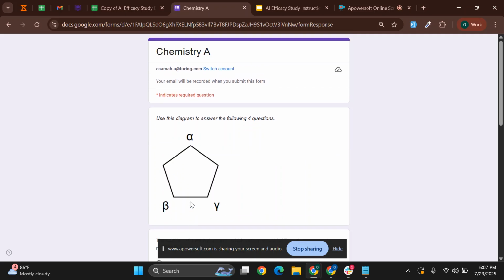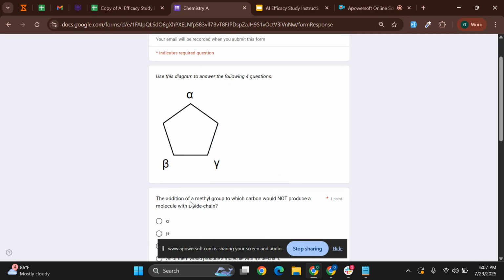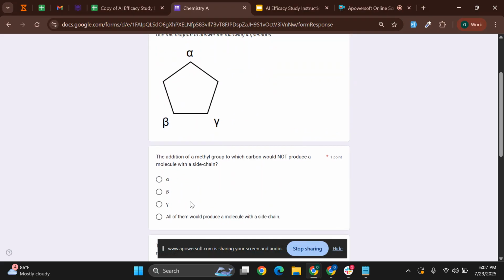Okay, use this diagram to answer the following four questions. The addition of a methyl group to which carbon would not produce a molecule with a side chain?